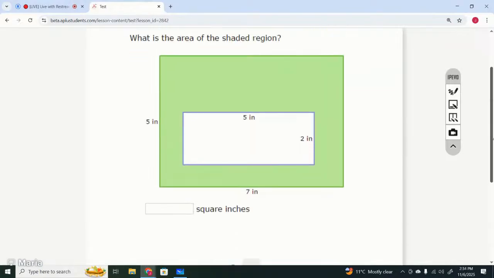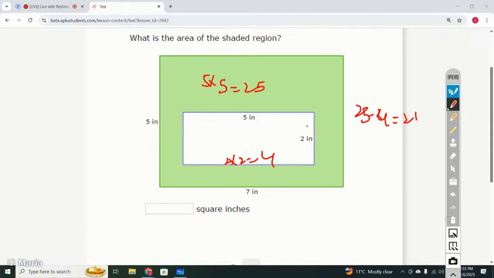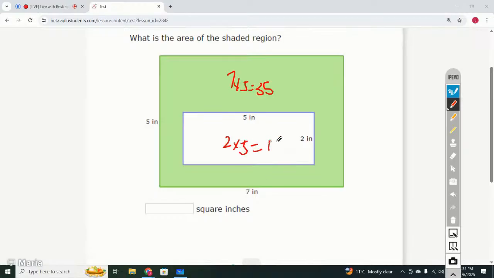What is the area of the shaded region? So calculate the area of the outer one. That is 7 times 5 equals 35. Now calculate the area of the inner one. That is 2 times 5 equals 10.